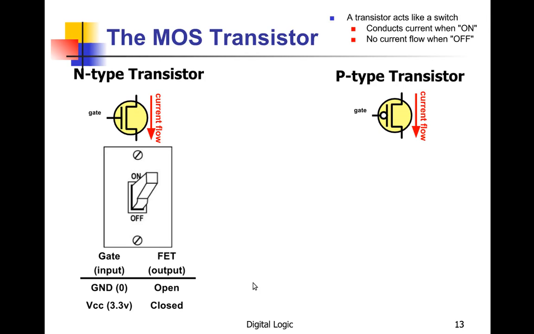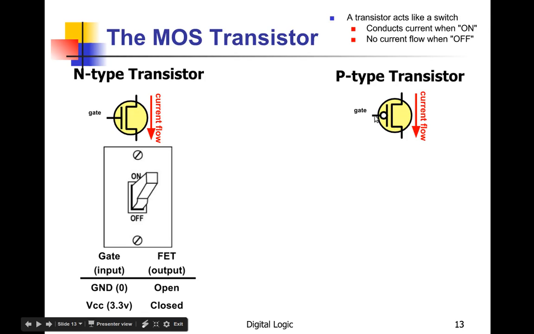There's a p-type transistor, which is very analogous to the n-type transistor, except you switch the n-type dopant with the p-type dopant. And so what happens when you put a negative voltage or a low voltage on the gate here, it will cause holes or positive carriers to move up next to the gate, and it makes current flow.